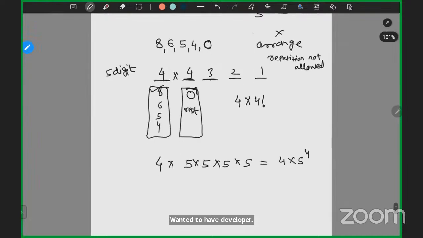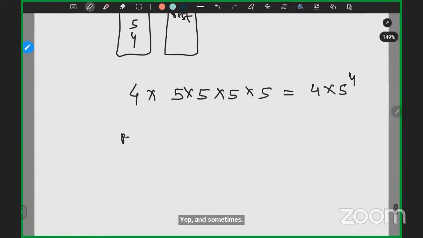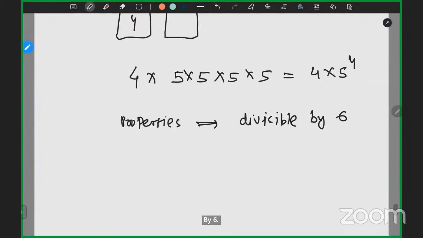Sometimes you'll come across properties of numbers, like how many numbers can be formed which are divisible by 6. This kind of property can come up.